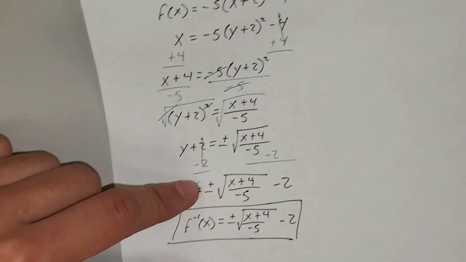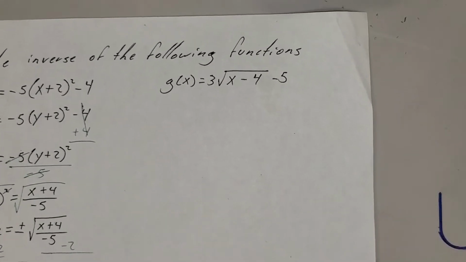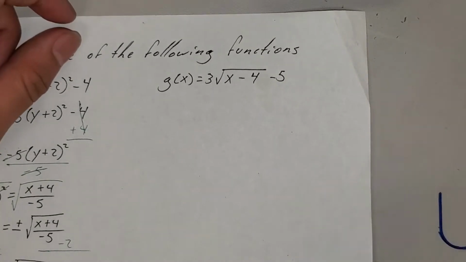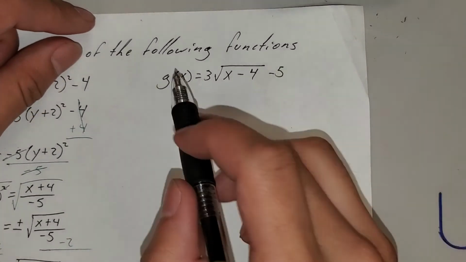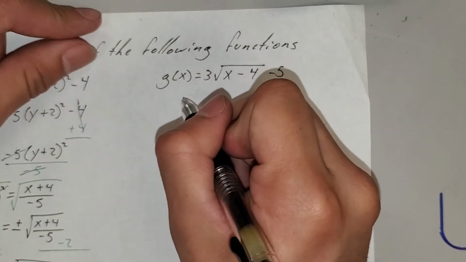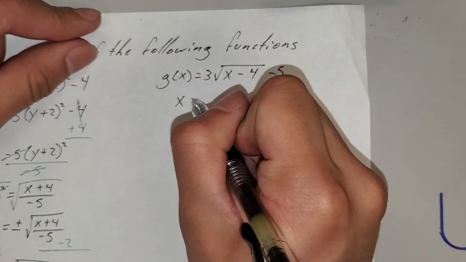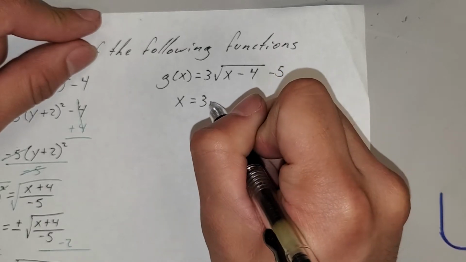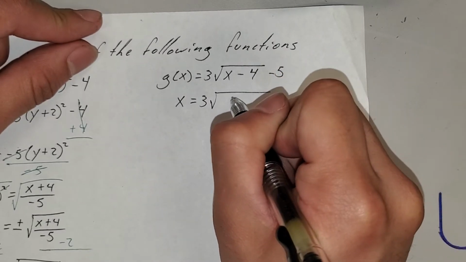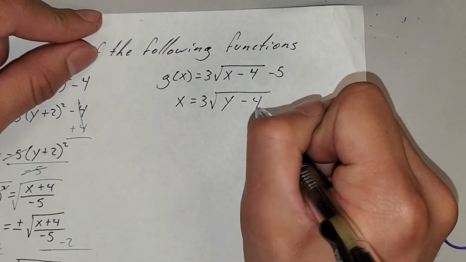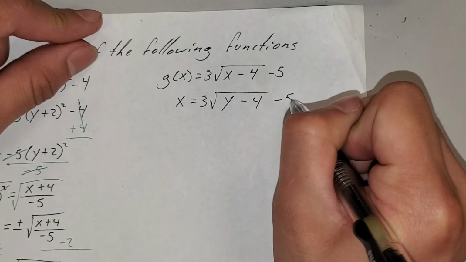All right, now let's do g of x. So for g of x, the same process applies. I'm going to change my g of x to be x equals 3 times the square root of y minus 4, minus the 5 outside.